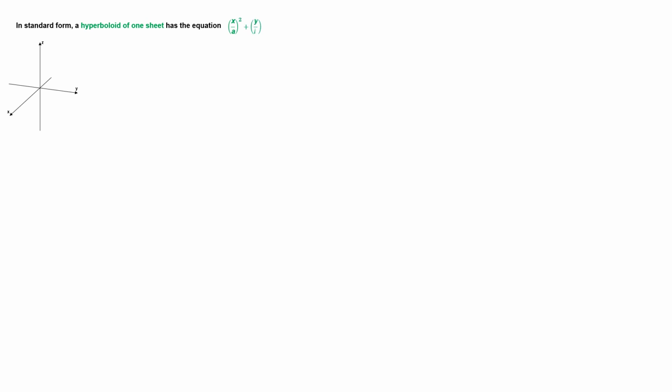If z equals 0, then xy trace is an ellipse. If z equals plus or minus c, then xy traces are ellipses.